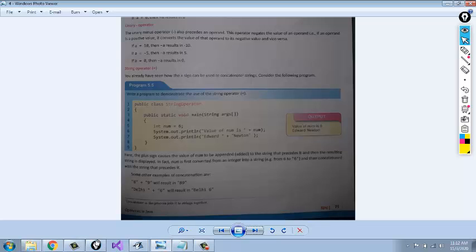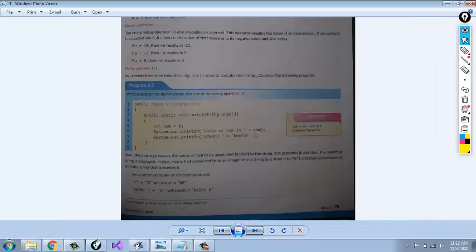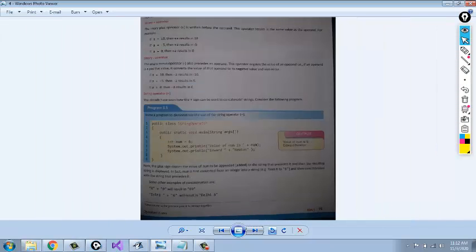Here you can notice clearly. After Delhi there is a space added. After that space we have closed the double quotes. That's why we got this space in between Delhi and 6. But these two are joined together and we got it as a single string. I hope you could understand. Then we can go to the next page.